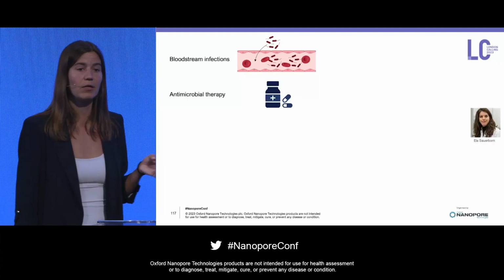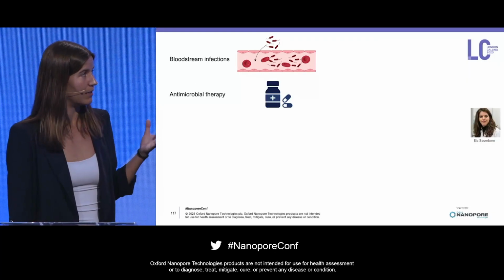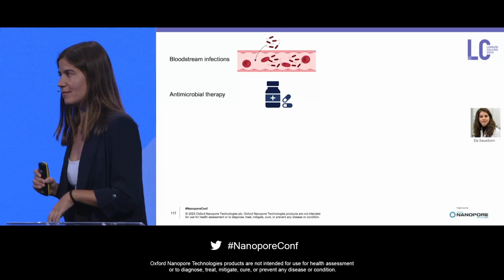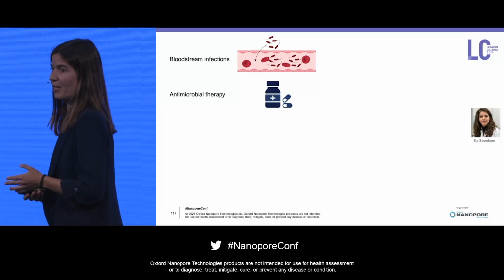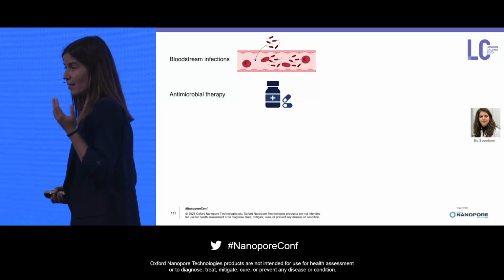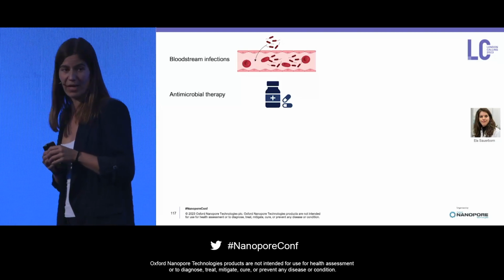But the problem is that the resistance profiling that is currently used in the clinic can take many days before giving any results back. So that really means that normally these sorts of approaches don't inform any therapy in the clinic. Whereas, as we all know, we can get nanopore sequencing results, including the sample treatment, within 2 or 3 hours.